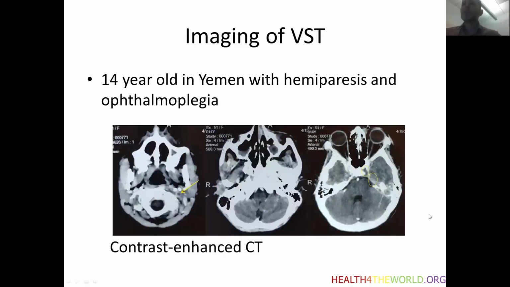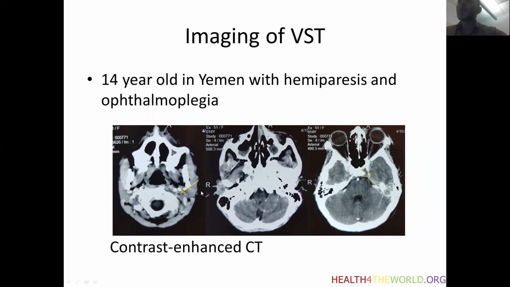This is another case of a 14-year-old girl in Yemen who presented to a hospital there with hemiparesis and ophthalmoplegia. She underwent both enhanced and unenhanced CT. And in this case, the pertinent findings are thrombosis of the internal jugular vein on the left. You can see that there's evidence of a filling defect within the internal jugular vein.